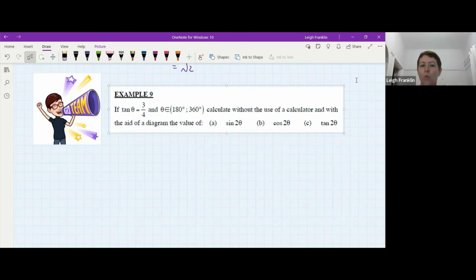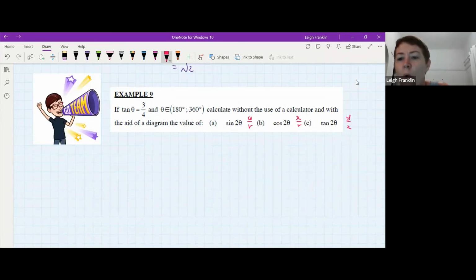Because in order to be able to answer sine, cos, and tan, we would interpret sine 2 theta as y over r, and cos 2 theta as x over r, and tan 2 theta as y over x. So that means we need to know the value of r. If they give us tan theta, we don't know the value of r. Remember, tan theta means y over x.